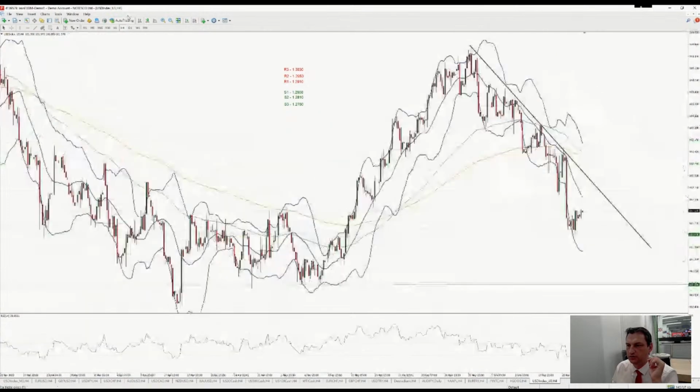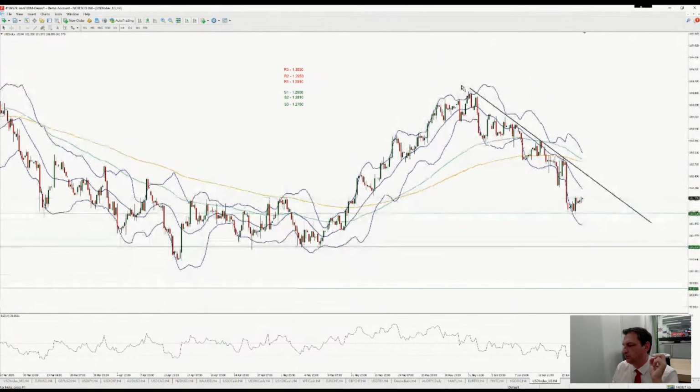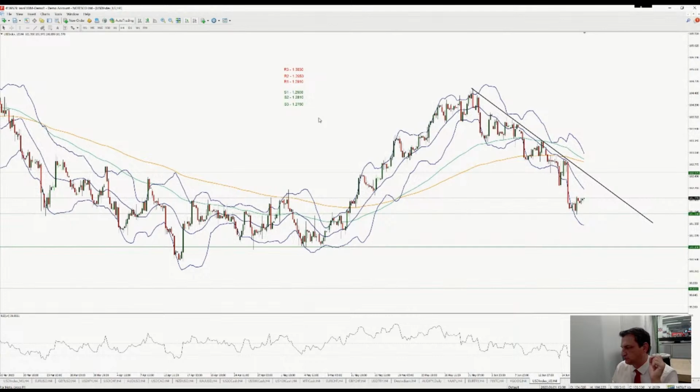Readjusting the chart. First resistance line, in my opinion, would be placed on this peak here. That's the 102.55 in red.